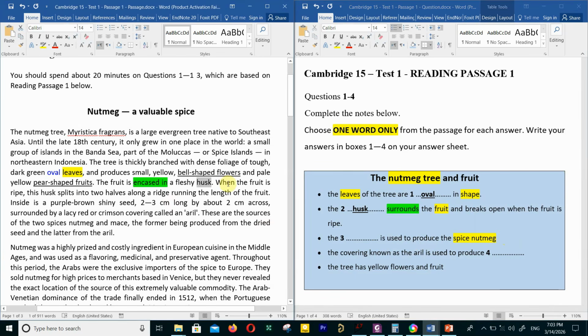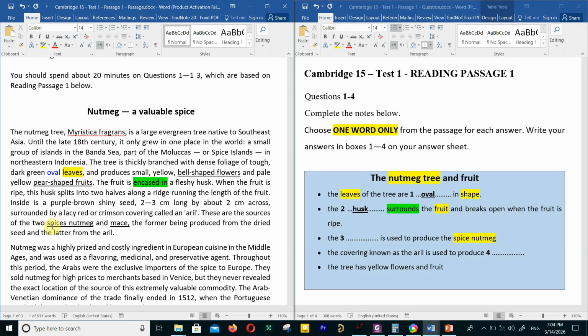So here, when the fruit is ripe, this husk splits into two halves along a ridge running the length of the fruit. Inside is a purple-brown shiny seed, 2 to 3 centimeters long by about 2 centimeters across, surrounded by a lacy red crimson covering called an aril. These are the sources of the two spices, nutmeg and mace.